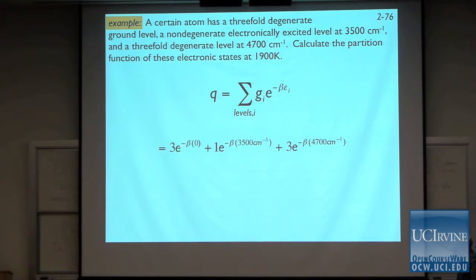So that's 3 times the exponential of minus beta times 0, because the energy of the ground state is 0, plus non-degenerate, e to the minus beta times 3,500 wave numbers, plus triply degenerate, e to the minus beta times 4,700 wave numbers. Three terms because there's three states, three energies. Total of 7 states: 3, 1, and 3, right?